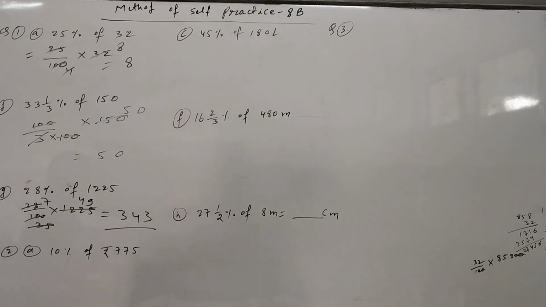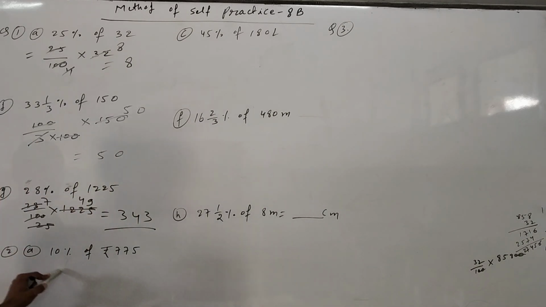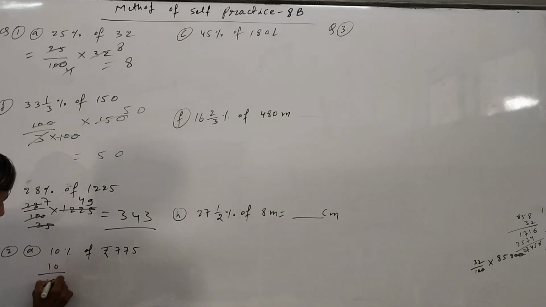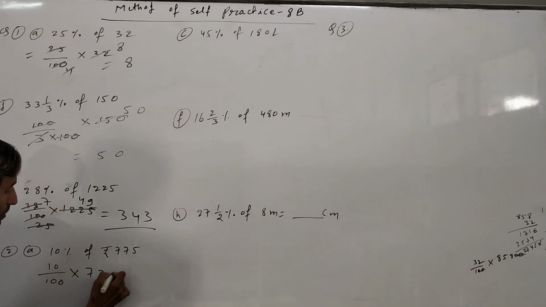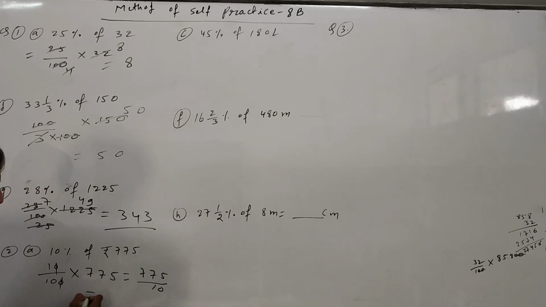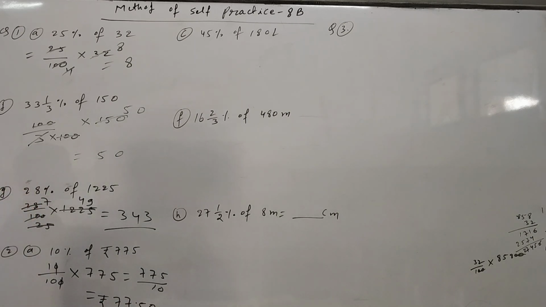Okay. Now question number 2 is also the same. Here rupees is given, 10% of how much? Rupees 775. So 10 upon 100, in place of percent, multiply 775. 0 will cancel, so it will come 775 upon 10. Now we convert into decimal, then it will come 77.5 rupees, means 77.50 paise.